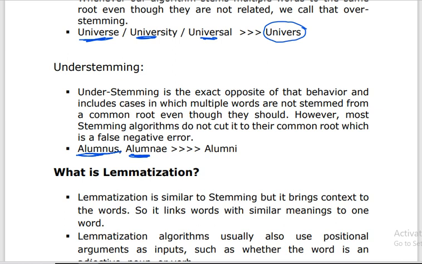Understemming is exactly the opposite behavior of overstemming, and includes cases in which multiple words are not stemmed to a common root even though they should be. Most stemming algorithms do not cut them to their common root, which is a false negative error.